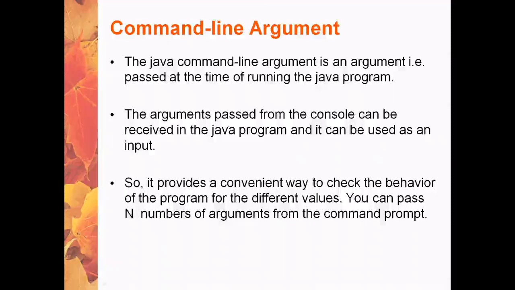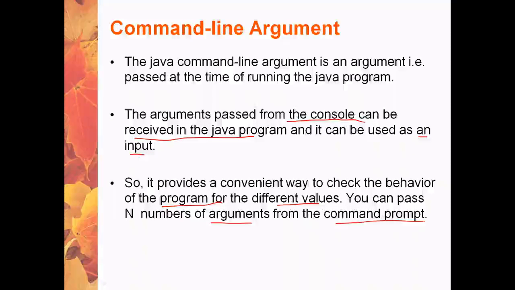The arguments passed from the console can be received in the program and used as input. So it provides a convenient way to check the behavior of a program for different values. You can pass n number of arguments from the command prompt.